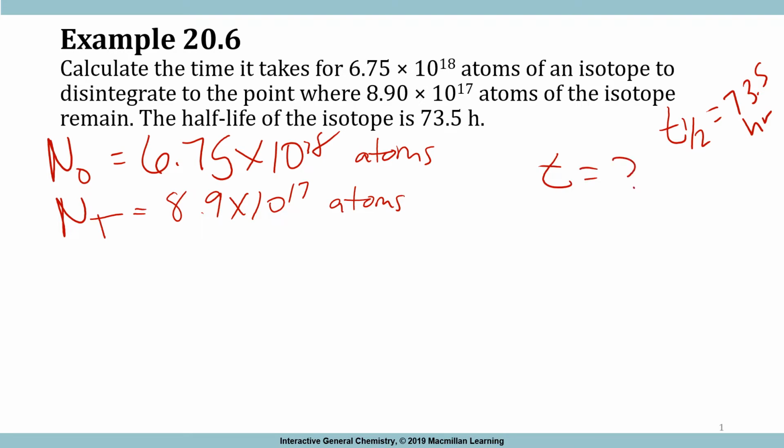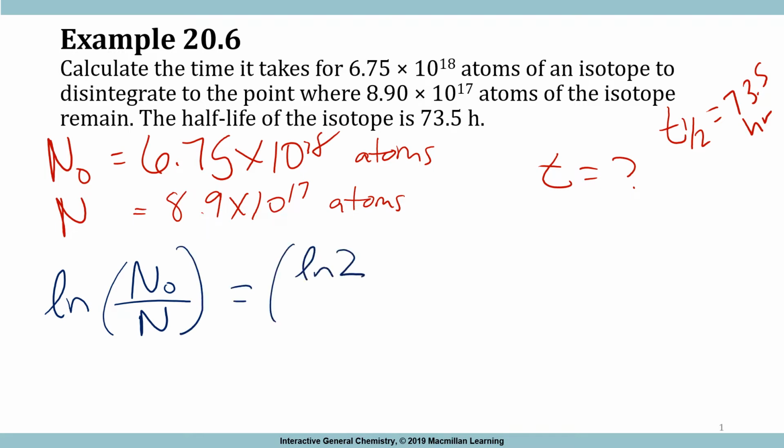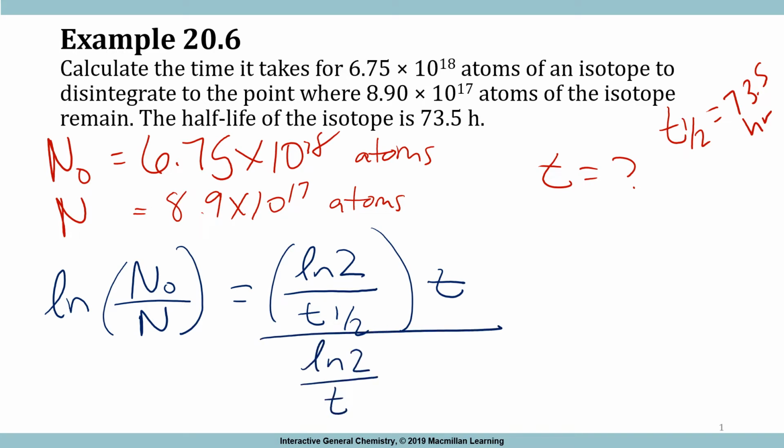So from the previous slide, we know the equation is natural log of N0 divided by N, so they didn't actually put a t right there, is equal to the natural log of 2 divided by the half-life times t. So if I'm looking for t, I'm just going to divide by the natural log of 2 divided by the half-life.